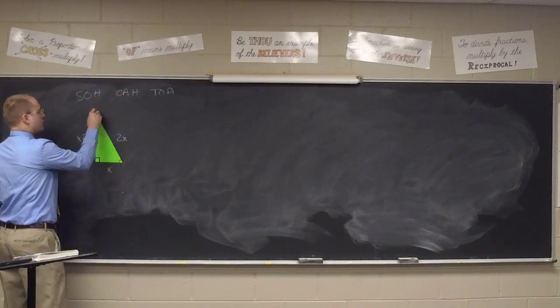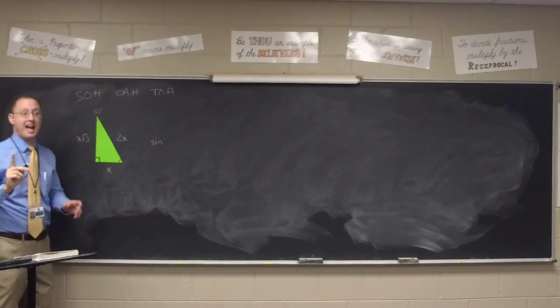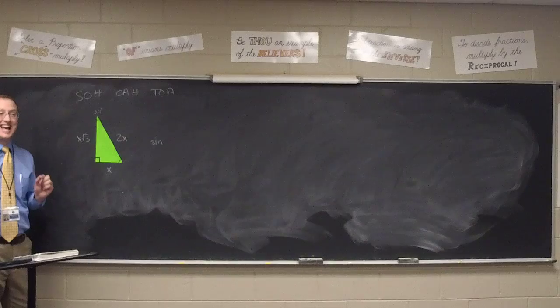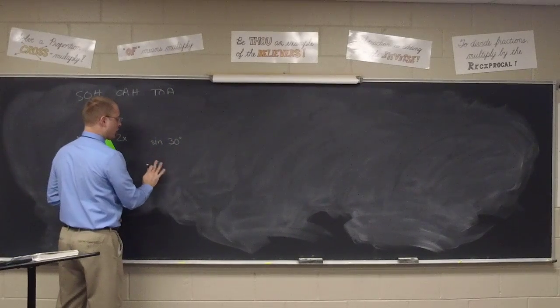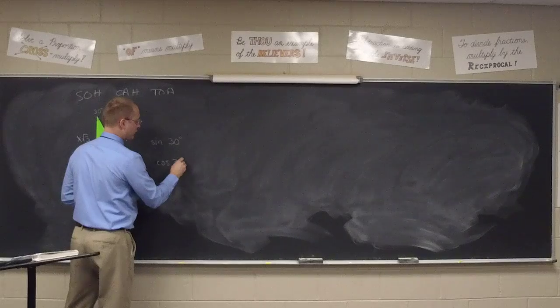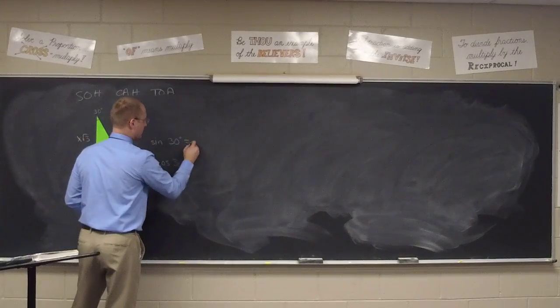Of course, we know the 30-degree angle is this one here. So when we find the sine, this time we don't just mark angle whatever. I actually know the exact measure of the angle. So I'm going to say the sine of 30 degrees, the cosine of 30 degrees, the tangent of 30 degrees.